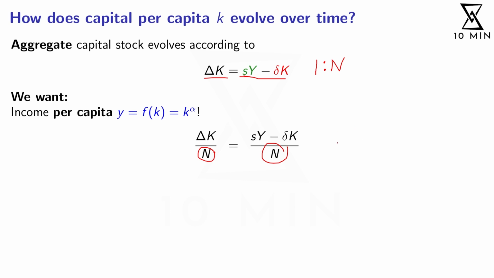So this means on the left hand side, we don't have the change of the aggregate capital stock anymore, but we have the change of our capital per worker, lowercase k. On the right hand side, we divide our aggregate income by the number of people, and this gives us lowercase y, the income per person. And for the second term, in a very similar way, we divide the total amount of capital by the number of people, and that gives us the capital per worker, lowercase k.